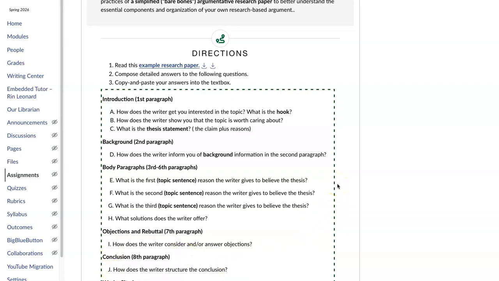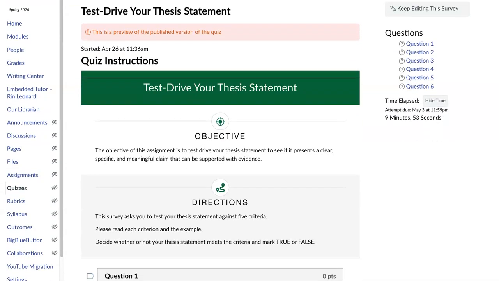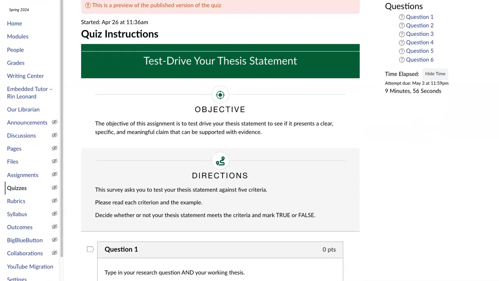So this week, I want you to study this paper so in subsequent weeks, you can begin writing your own paper. And then by the end of the week, you'll have completed a series of assignments that allow you to come up with a thesis. So a thesis needs to be a clear, specific, and meaningful claim that you can support with evidence from your sources.